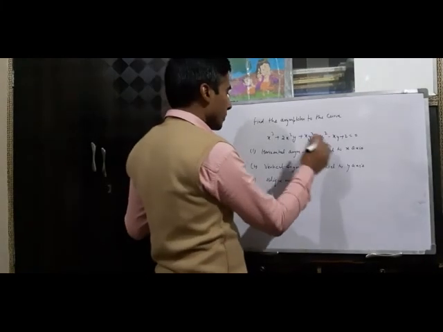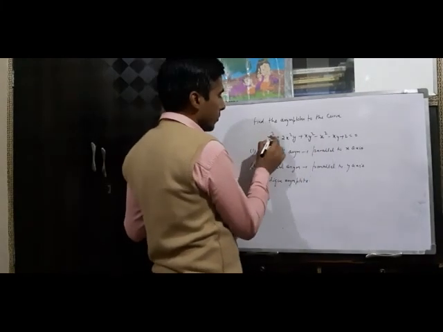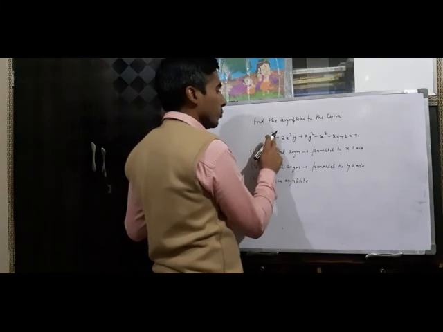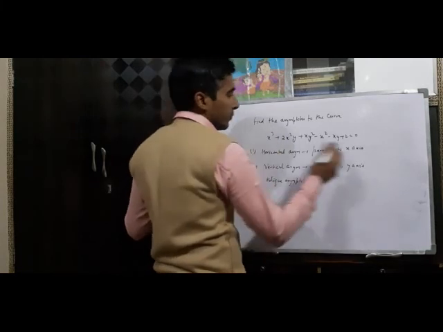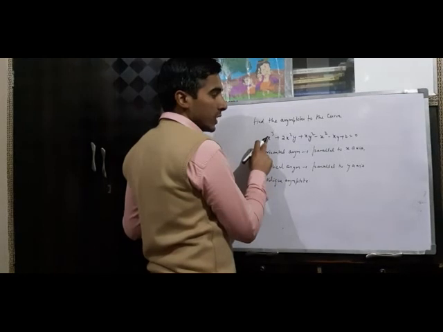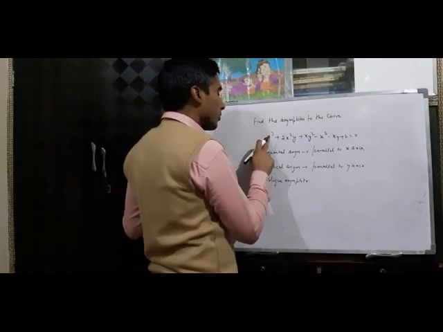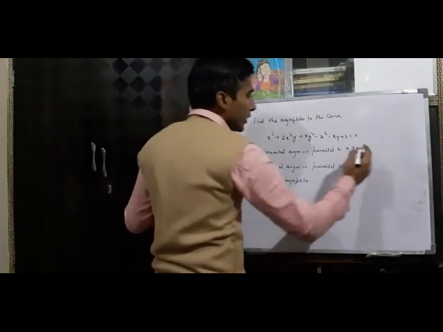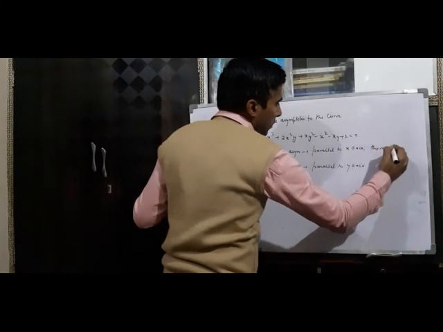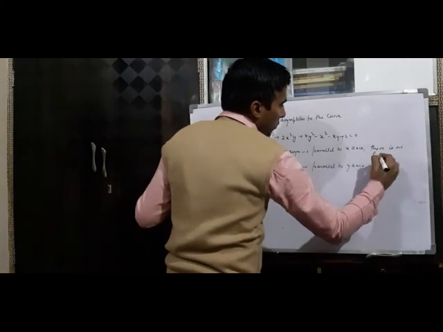Here, see, the highest power of x is x cube and the coefficient of this is 1. So the coefficient is constant. If we compare the constant equal to 0, this is not true. So there is no horizontal asymptote.